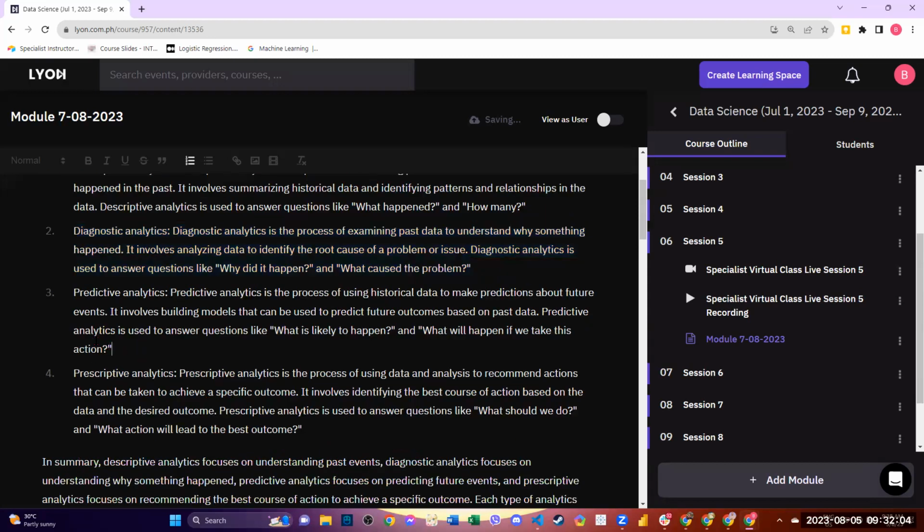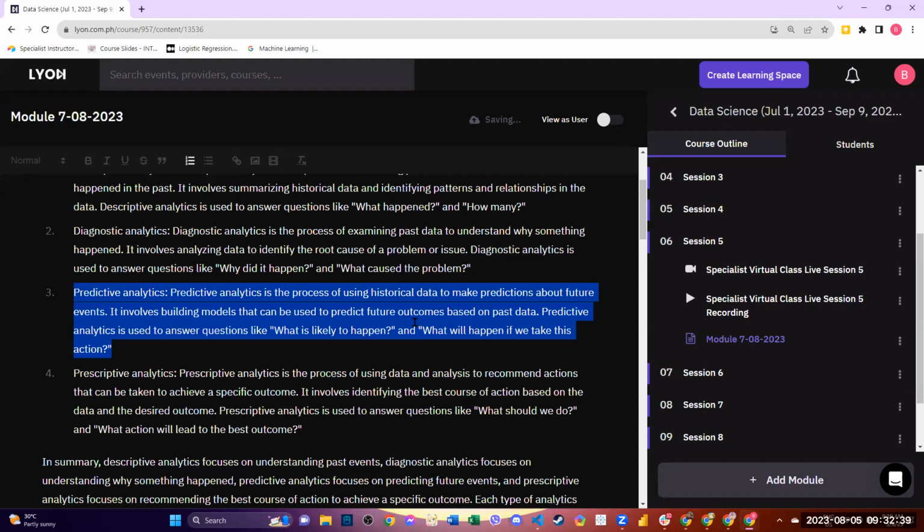Then we will now proceed to predictive analytics. In predictive analytics, we will use statistics or statistical learning and also machine learning to harness the predictive capability of these algorithms and provide some future data or future solutions.